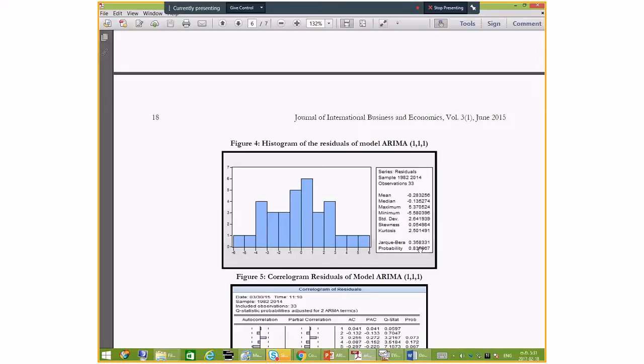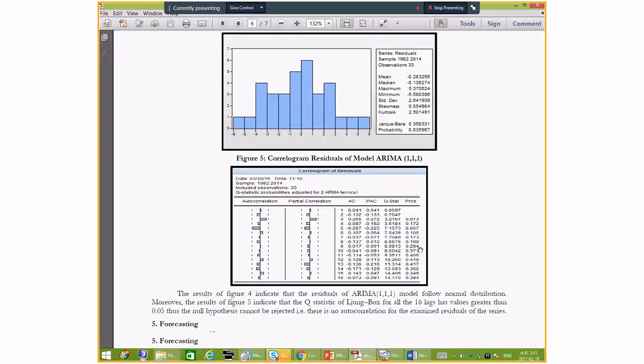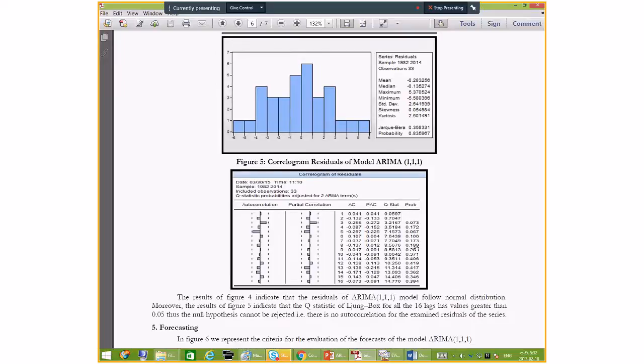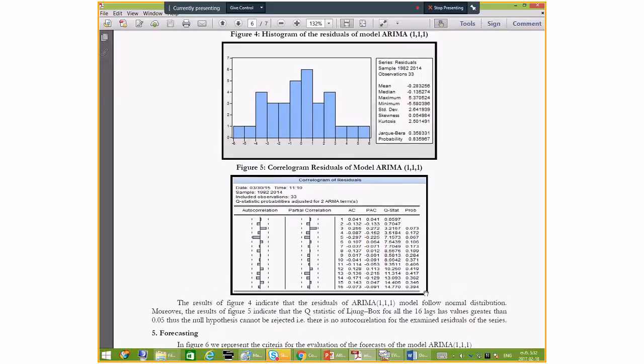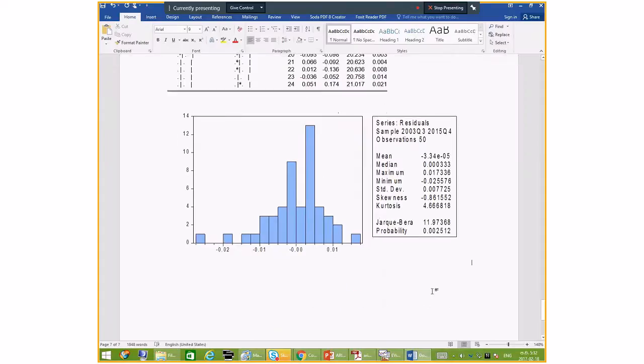The Jarque-Bera test shows that there is no normality. Right, there is no autocorrelation in this, but in our case, there is a normality issue.